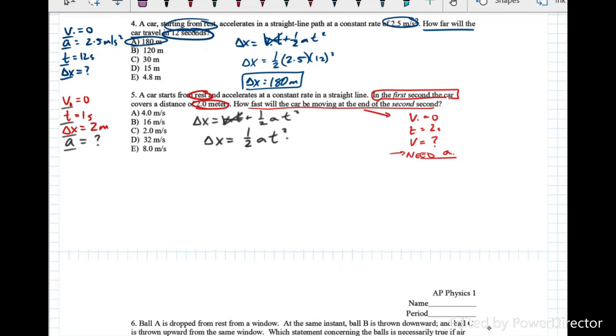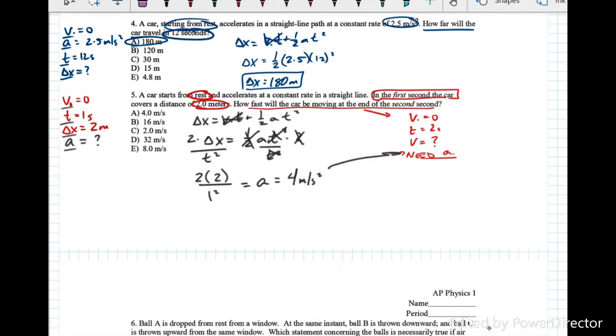If we solve for the acceleration, I'm going to multiply both sides by 2 to get rid of the 1/2. Then I'm going to divide both sides by time squared, get rid of the time squared. That leaves me with acceleration is equal to 2 delta x over time squared. So 2 times 2 meters divided by 1 squared is my acceleration. That acceleration is 4 meters per second squared.